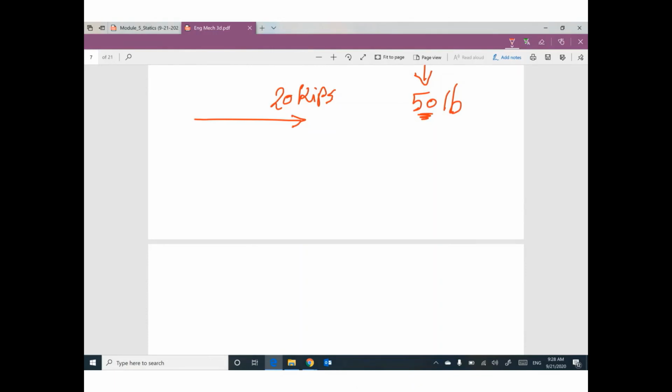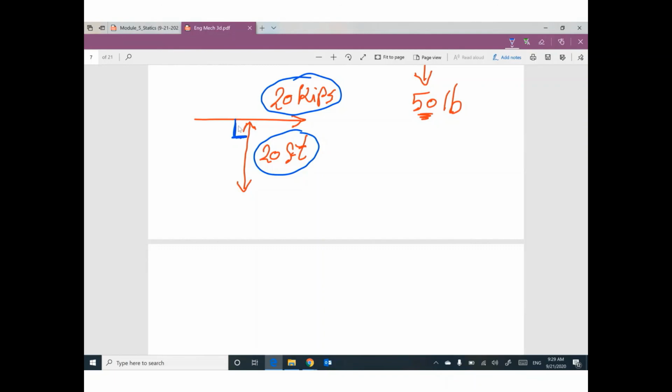A vertical distance, 20 feet, for example. So be careful. Not any force and not any distance. Your force and your distance must be perpendicular to get a moment.